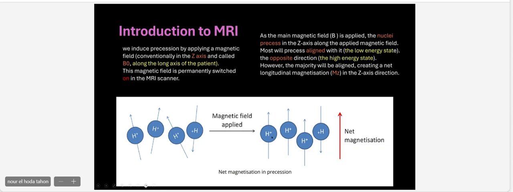The low energy is aligned with the magnetic field. You can imagine a weak proton, so the magnetic field has the upper hand and takes it in the same way, while the high energy one is aligned in the opposite way. And we always call the longitudinal magnetization MZ, referring to the Z-axis.